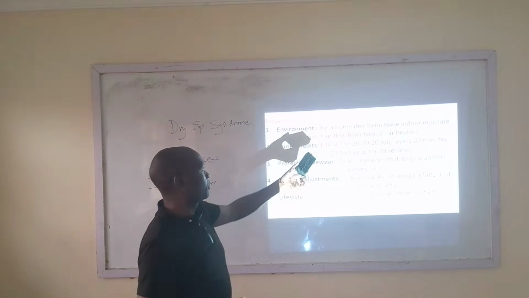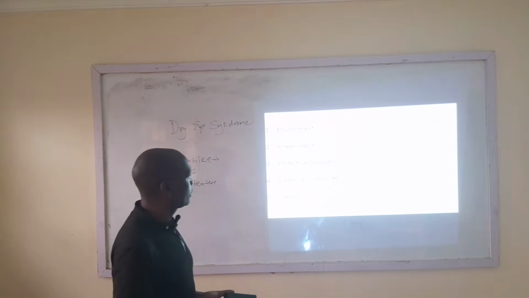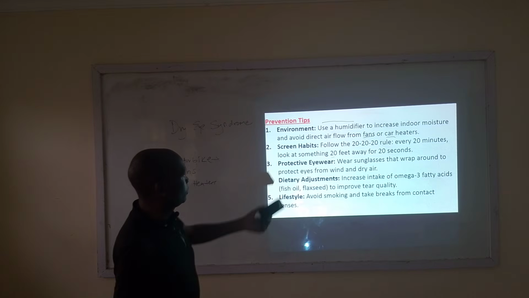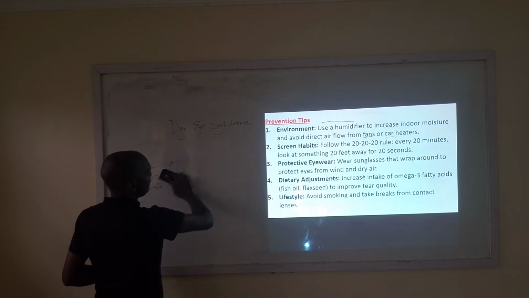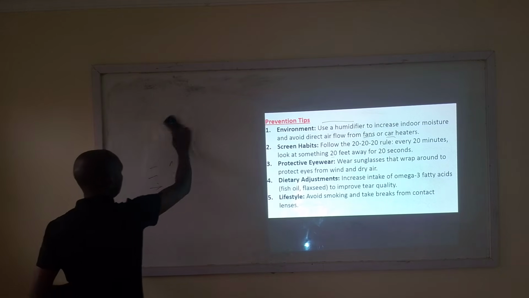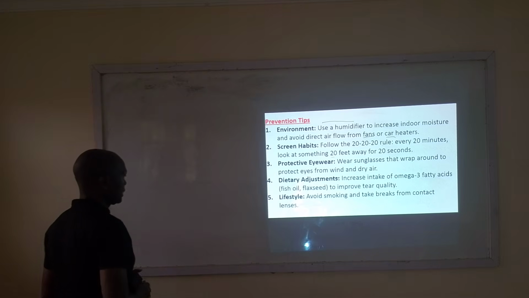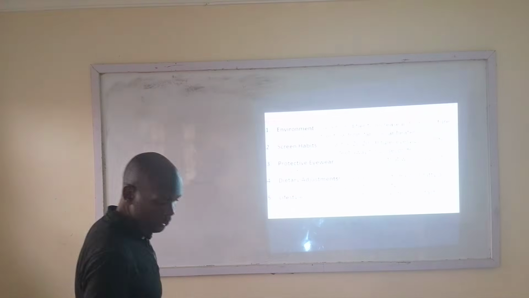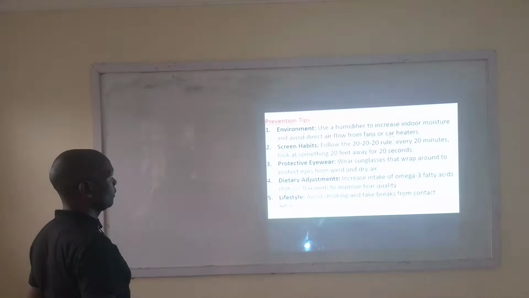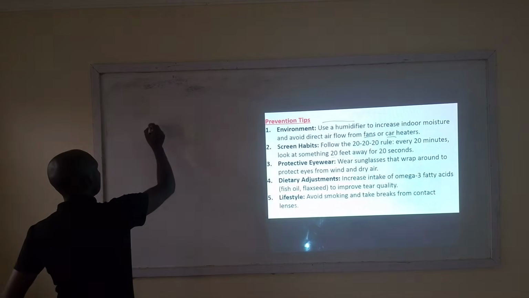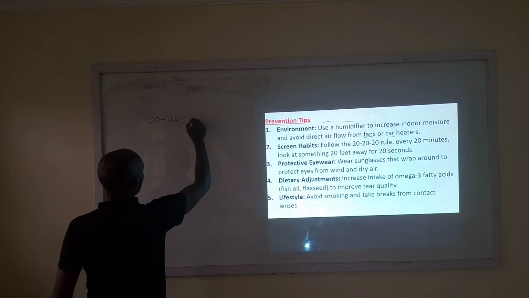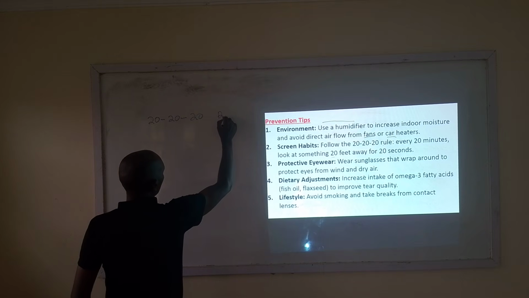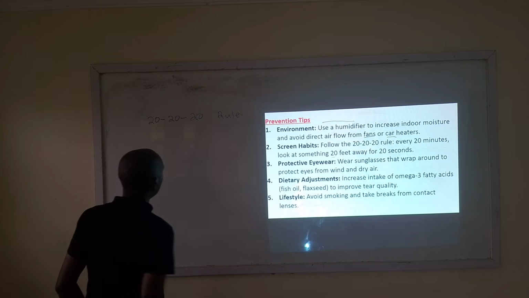So you can use humidifiers to increase indoor moisture. You can also adjust screen habits. This applies to people who use computers, mobile phones or laptops for too long. We call it the 20-20-20 rule. What does this rule mean?